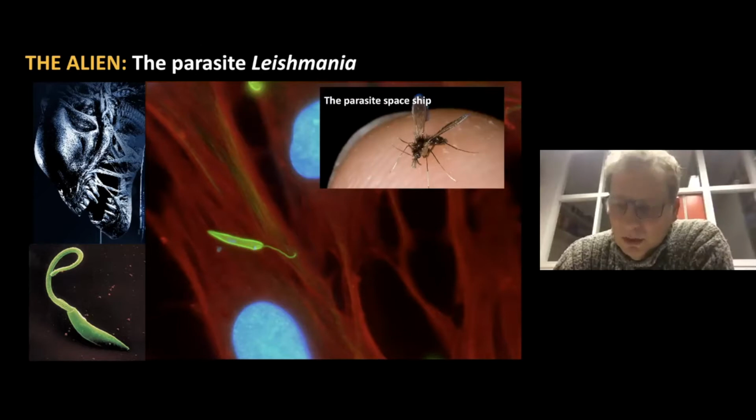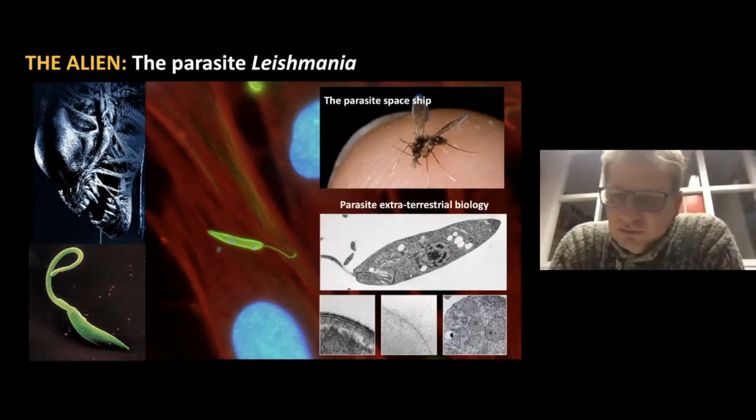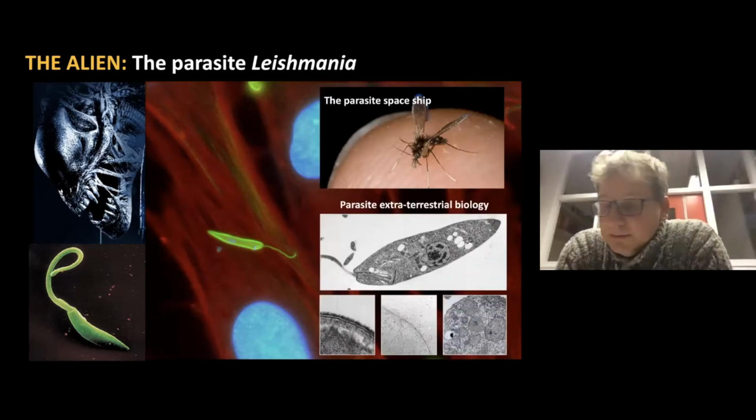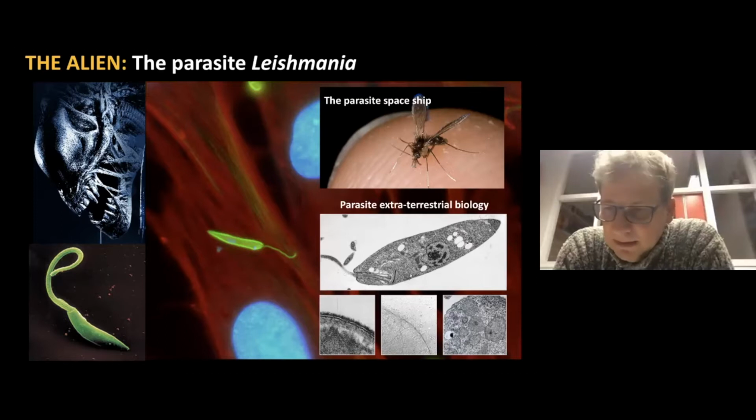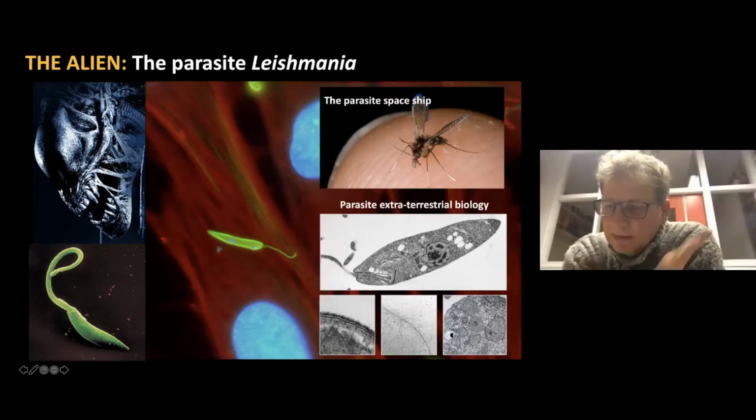The more, I would say, extraterrestrial biology is shown here on this picture. I won't go into details. I will just tell you a few things that are quite unique to these parasites. So first of all, this is an electron microscopy image where the parasite is cut through, and then you can see all this grainy stuff, which is the cytoplasm and the nucleus in the middle.